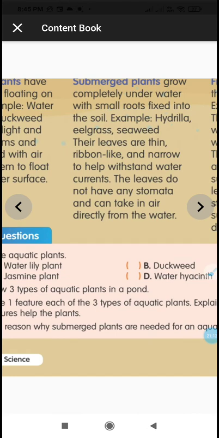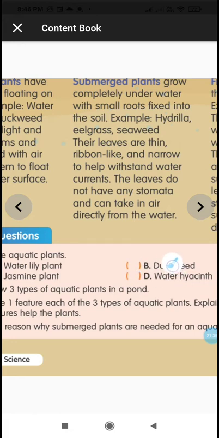So the first question, tick the aquatic plants. Some aquatic plants are here in the list. You have to identify them. So jasmine is an aquatic plant? No, not at all. That's a terrestrial plant. And water lily? Yes, it is an aquatic plant and it is a fixed plant. And duckweed?